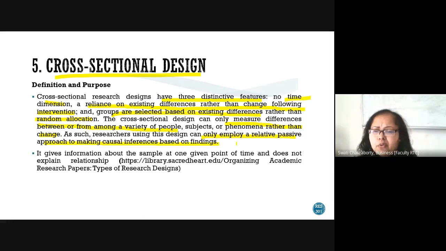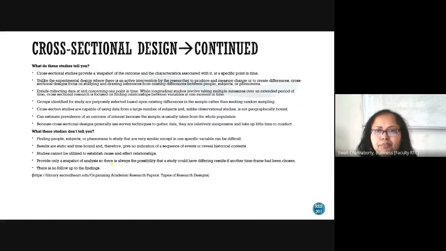And it also gives information about the sample at one given point of time, but it does not explain the relationship. It only tells you about the sample at a particular point of time, but does not talk about the relationship.